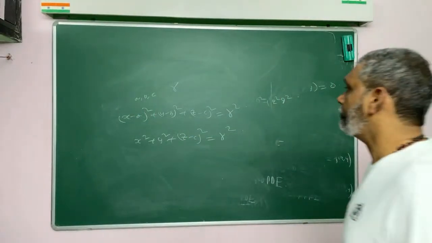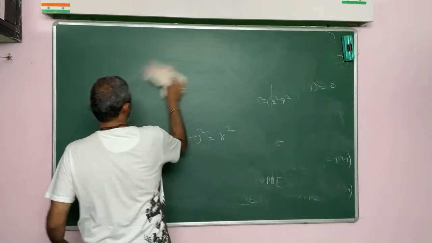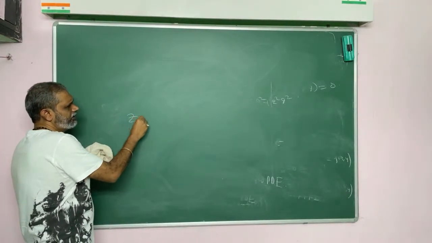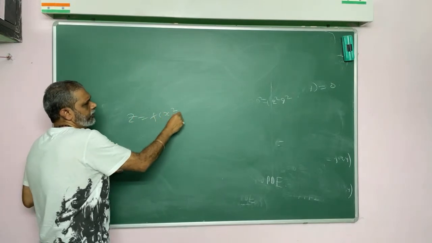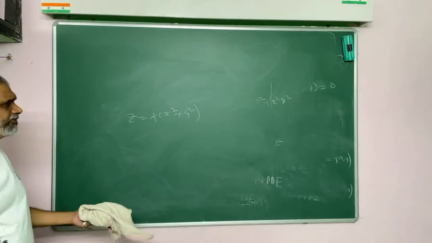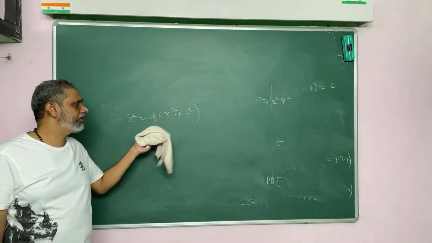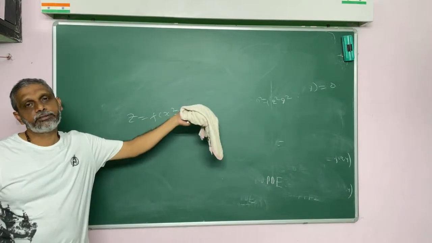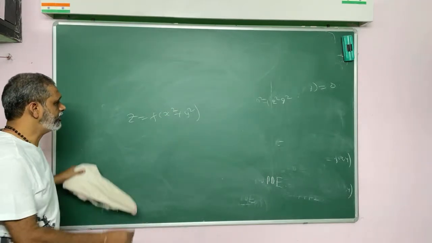Next is removing the functions. Removing the function in z is equal to f of x square plus y square. Suppose I want to remove the f, it may be sine of x square plus y square, tan of x square plus y square, cot of x square plus y square, sine inverse of cot x, something actually. So from this what will you get?